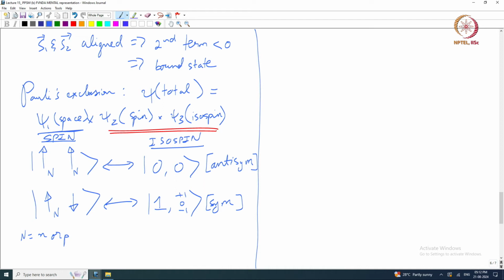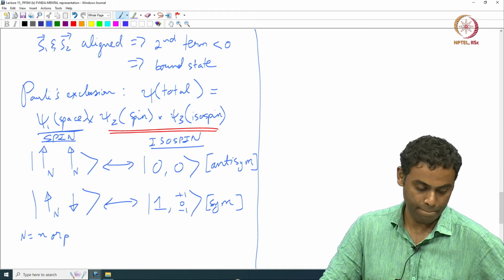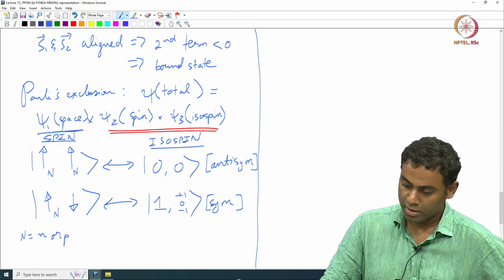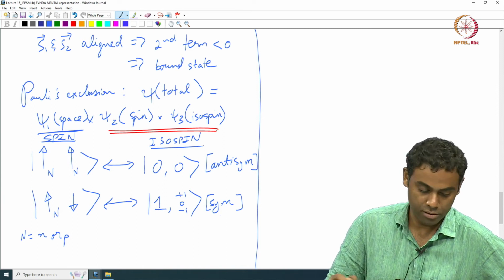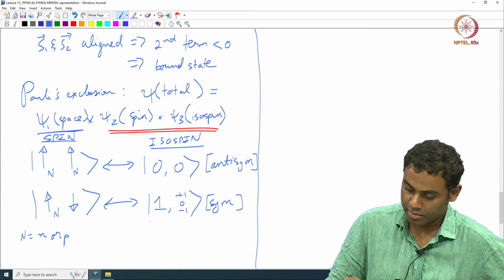Okay. Now, you should be able to answer why can't proton proton and neutron neutron form a bound state? Because they live in the symmetric combination in isospin space, correct.